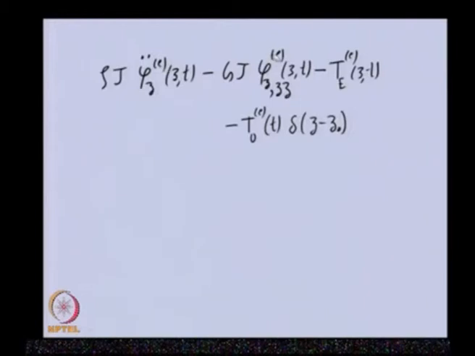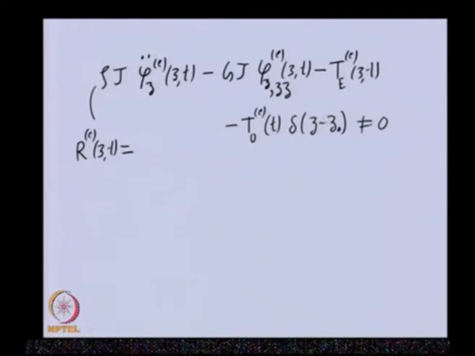This represents the element, and because these solutions are approximate, this will not be perfectly 0, and this quantity we call the residual, which is a function of z and t. The whole quantity is the residual.